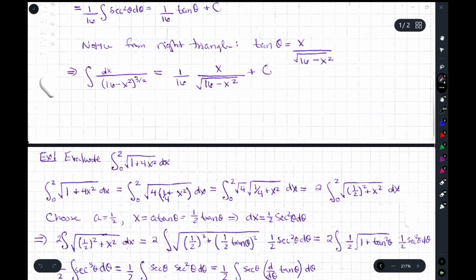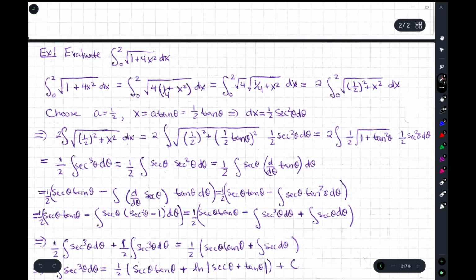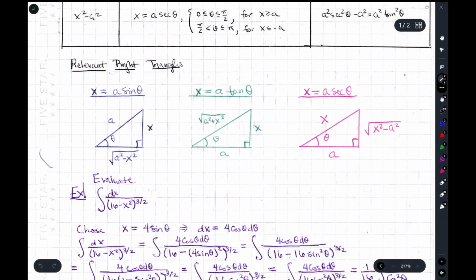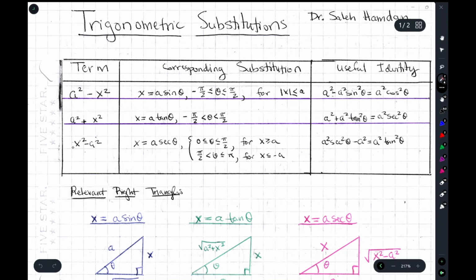Let's do another integral. So this time we wish to integrate this 1 plus 4x squared term. And notice that none of these really fit the bill because all of these x's have a coefficient of 1 in front of them. That's all right.